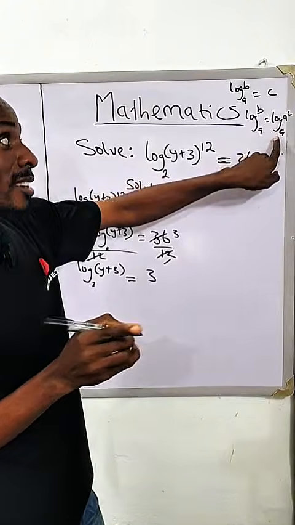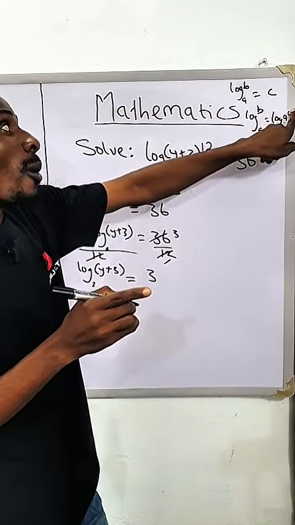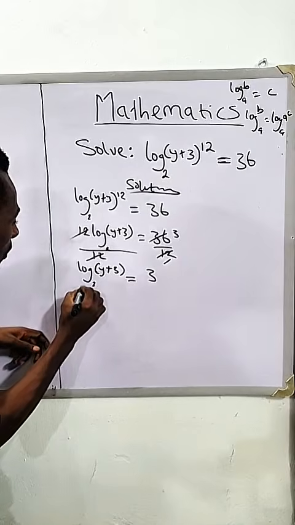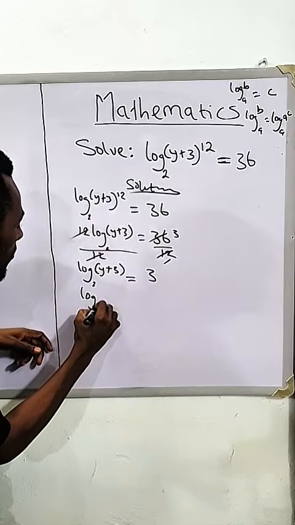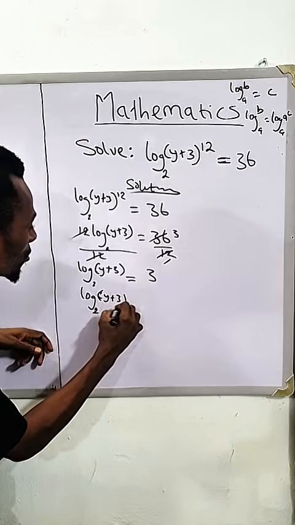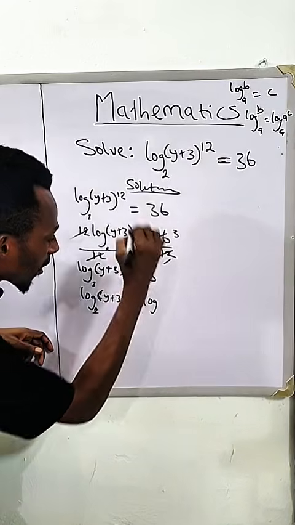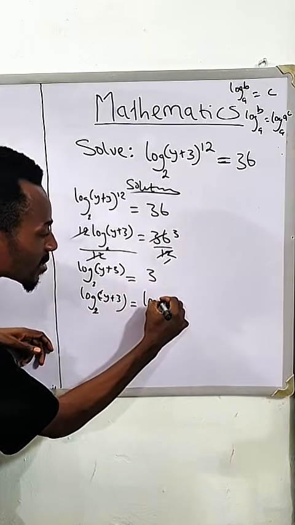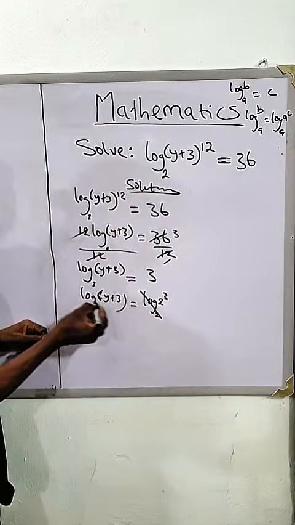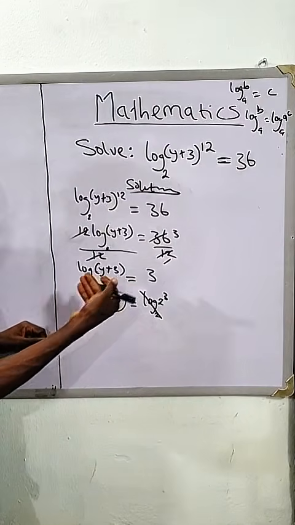Do you understand? So this is what I'm going to do here. Log base 2 of (y plus 3) is equal to log of the base 2 raised to the power of 3. So I can cancel these logs, they are common. Then we equate the powers.